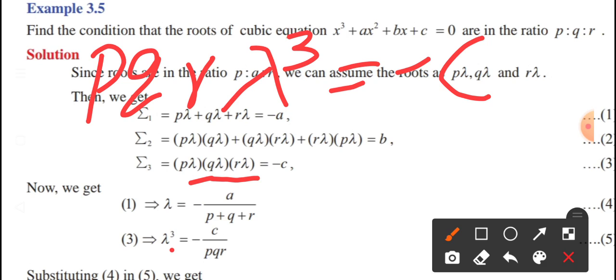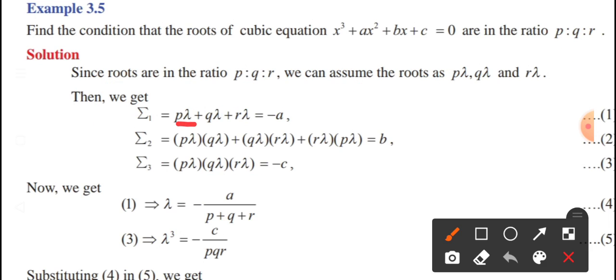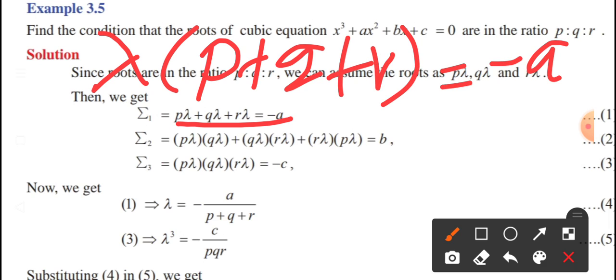Now lambda cube is equal to minus c by pqr, since pqr goes to the right hand side denominator. And from the first equation we take out the common factor lambda. So lambda into p plus q plus r is equal to minus a.